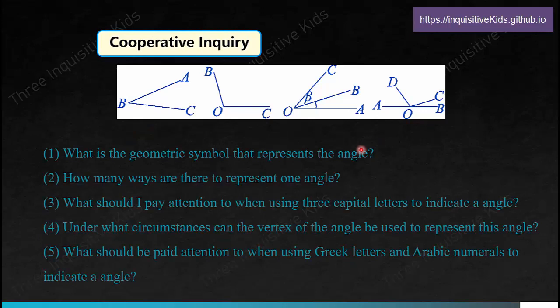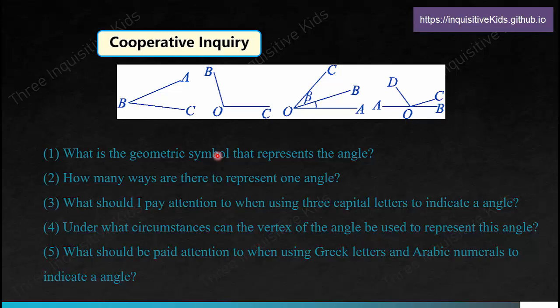Now I want to answer 5 more questions. The first question is, what is a geometric symbol that represents the angle? The second question is, how many ways are there to represent one angle? 3.